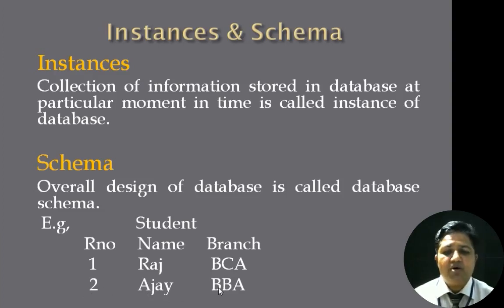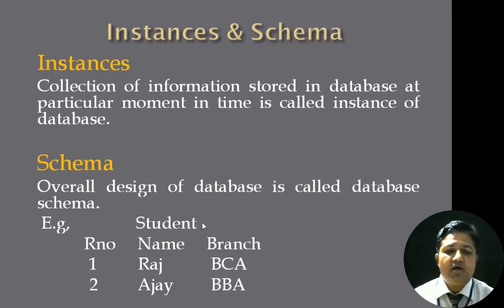So if I am talking about instances, instance means row number 1 and row number 2. The values that we have inserted for the attributes are known as instances. So here 1 Raj BCA and 2 Ajay BBA are instances of the database. Whereas the student database with attributes roll number, name, and branch is called a schema.